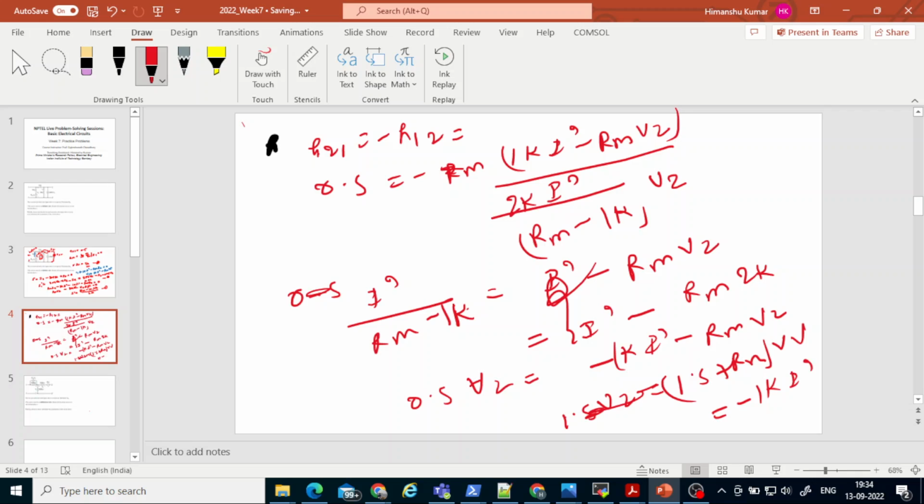Okay, so now this has become equation 2. Now we can replace I dash or V2 from the equation, and our I dash term will get cancelled and we can find the value of Rm. Okay, is that clear?